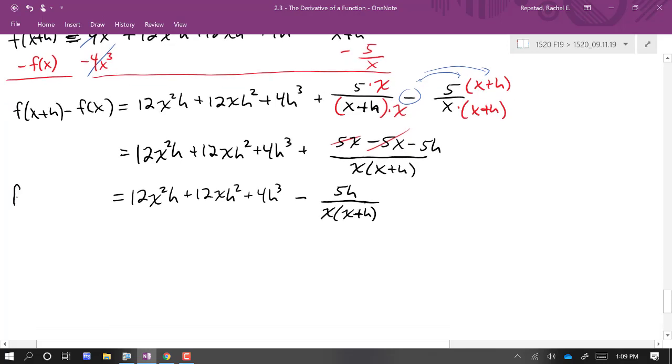But this is the expression that's in the top of that limit. And every term has a factor of h. In the fraction, that factor of h is just that 5 times h up there. So we can go ahead and factor that h out.